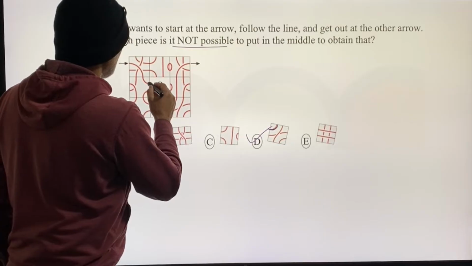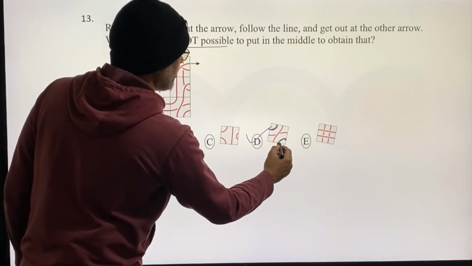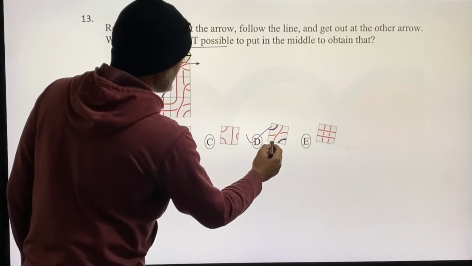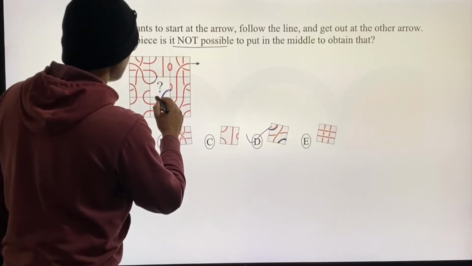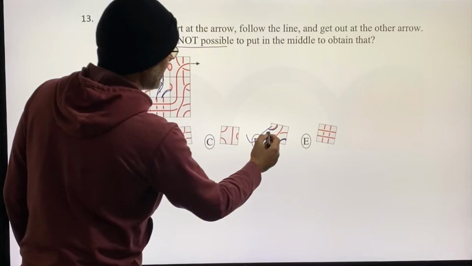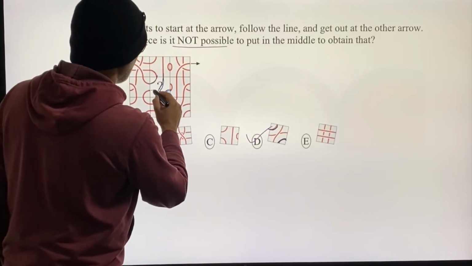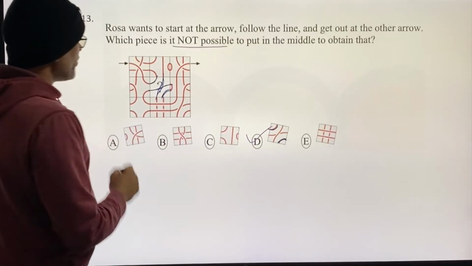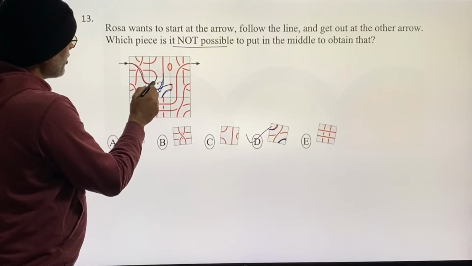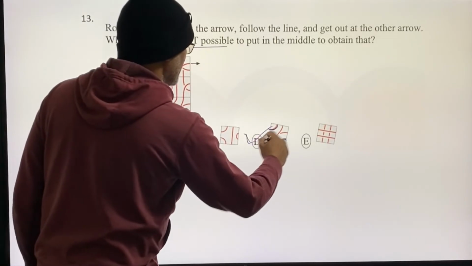This will join like this. This one is going to join here, and then I go like this, and then from here, as you can see, this is not going to lead us anywhere. It will go like this and here. We will not come out of that. So again, D is the correct choice.